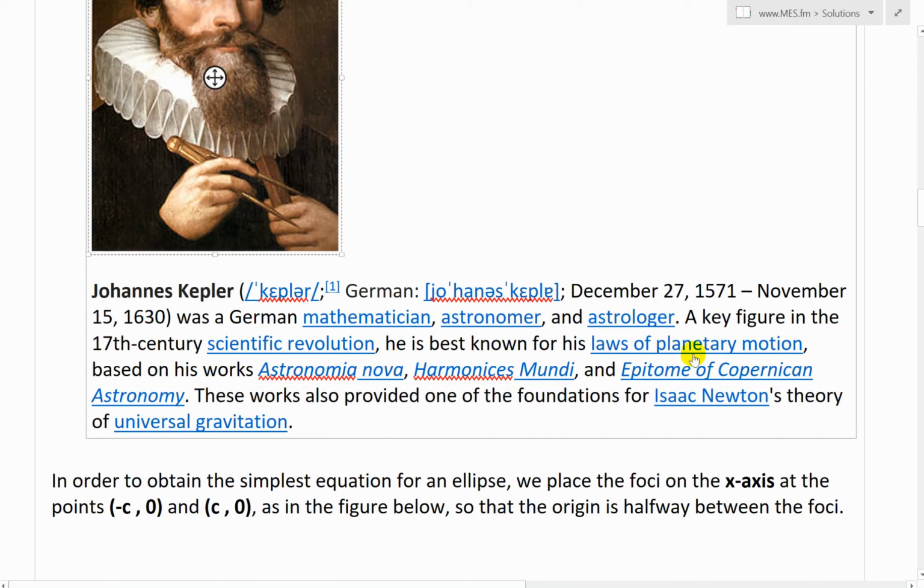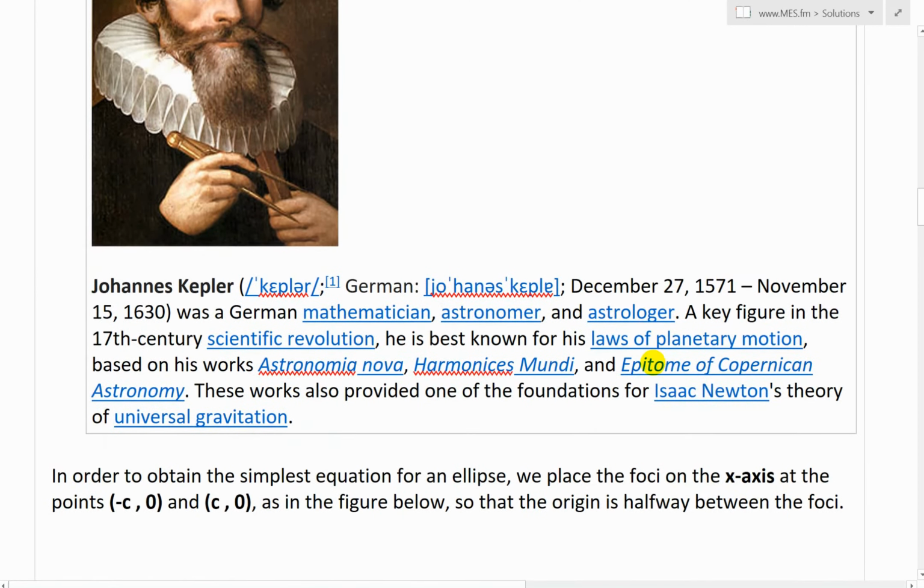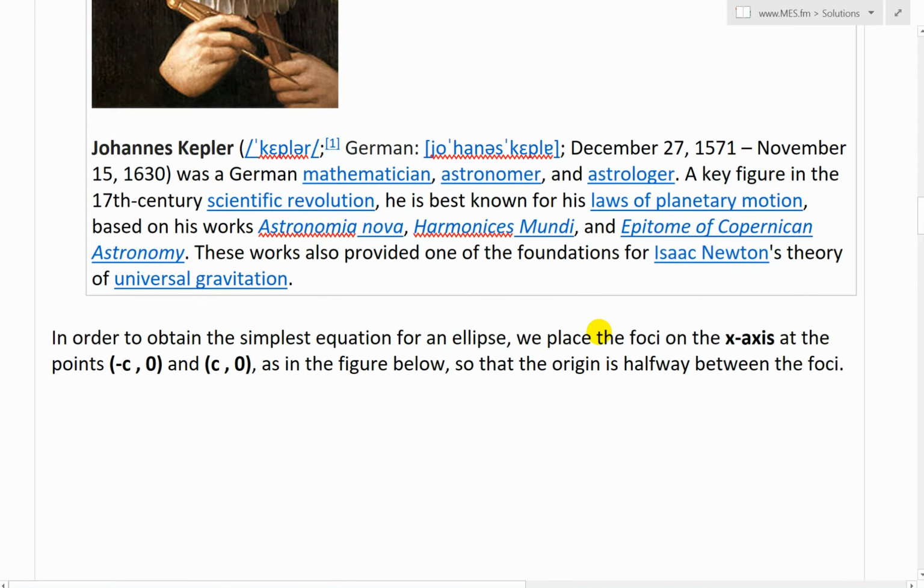He is best known for his laws of planetary motion, based on his works Astronomia Nova, Harmonices Mundi, and Epitome of Copernican Astronomy. These works also provided one of the foundations for Isaac Newton's theory of universal gravitation. So, just an interesting brief history lesson on Johannes Kepler.